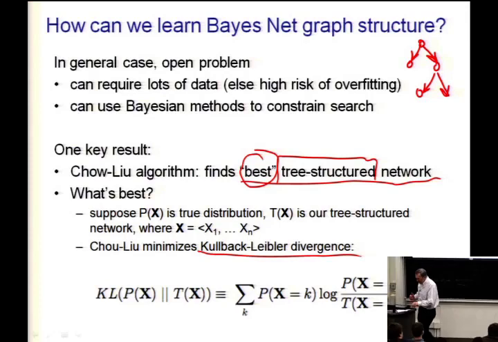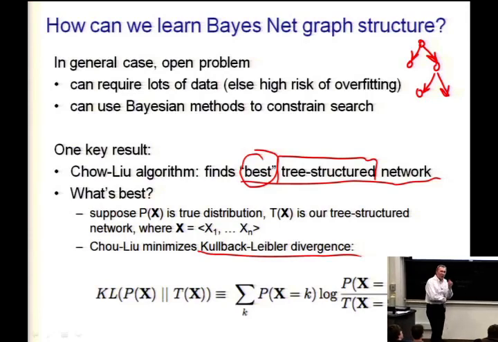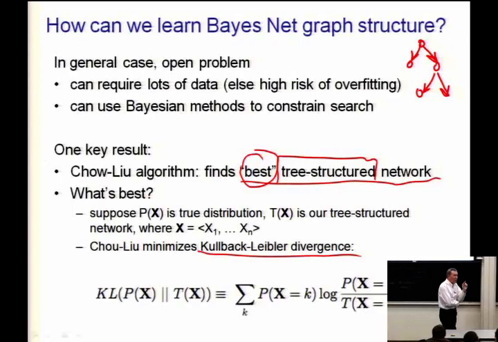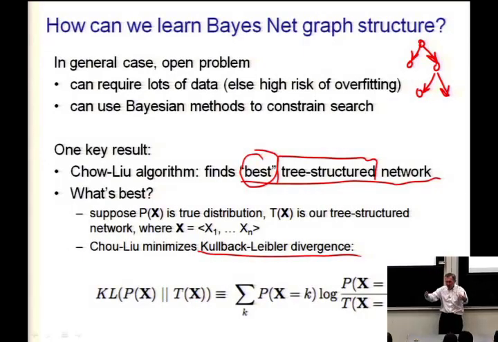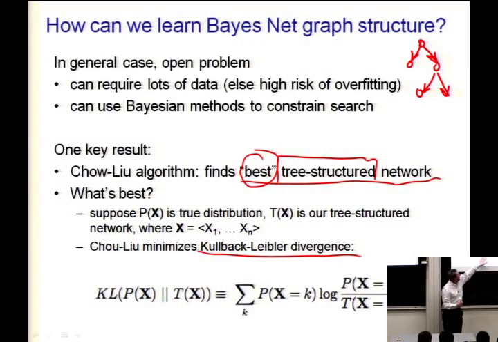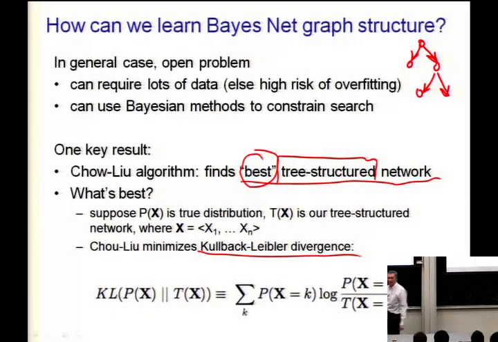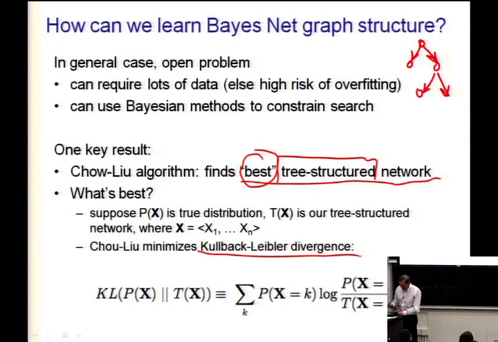Okay, so what we get with the Chow-Liu algorithm is an algorithm which takes as input a set of variables and a collection of data, and then it returns the tree structure that minimizes the KL divergence with the true joint distribution.